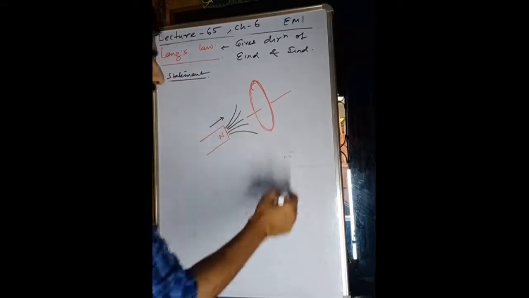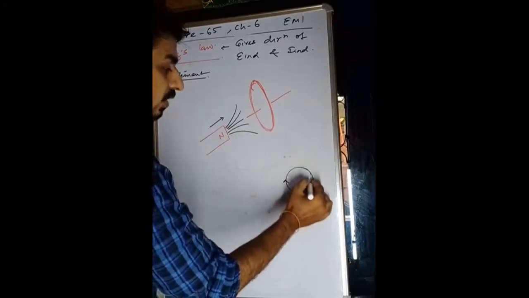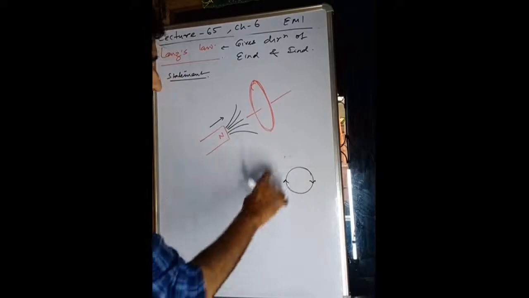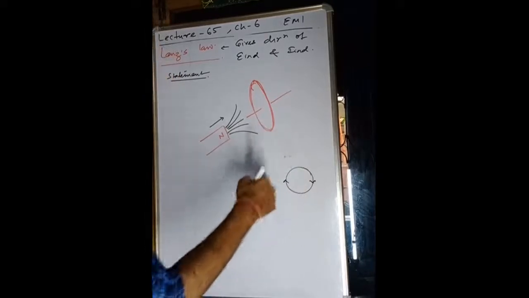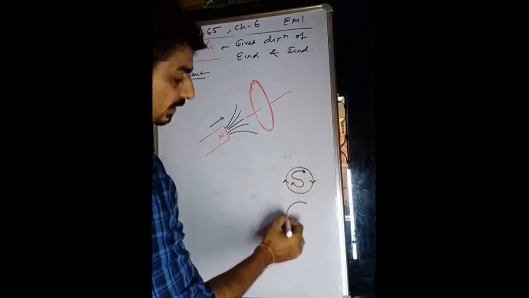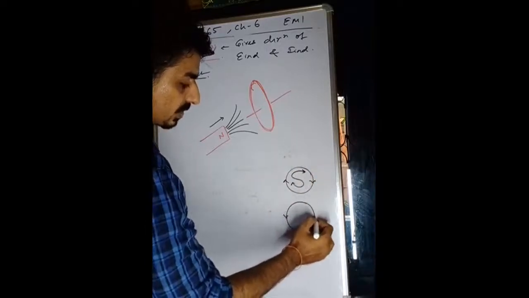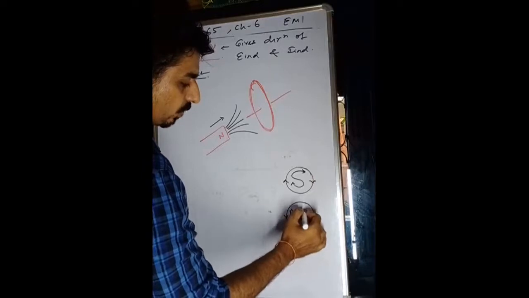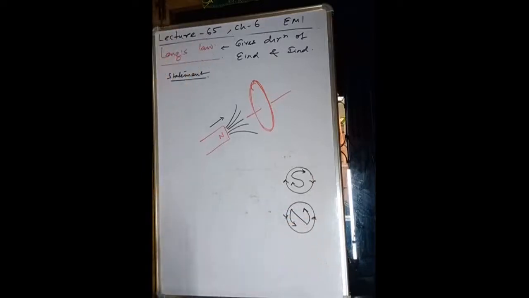We know that if this is a current carrying coil, then if the current is moving in one direction, this face will be considered the south pole, and if the current is moving in the other direction, this will be considered the north pole. We have studied this already in the second last chapter.